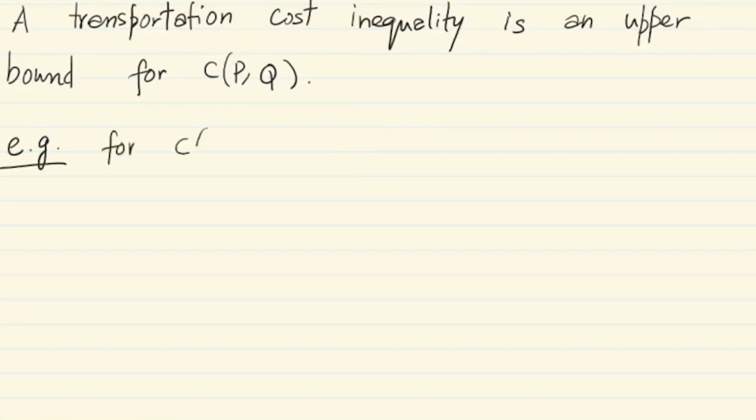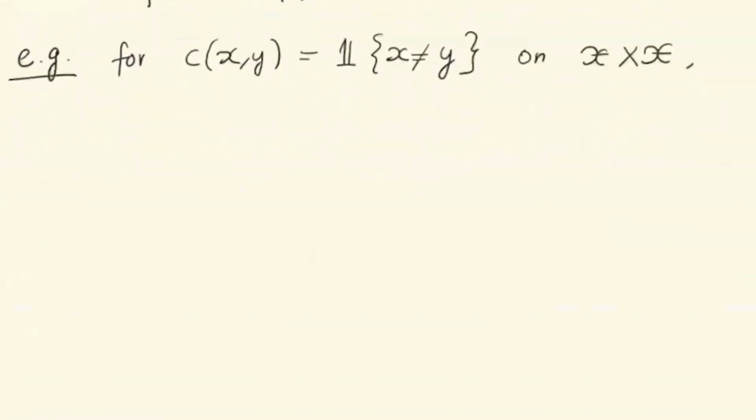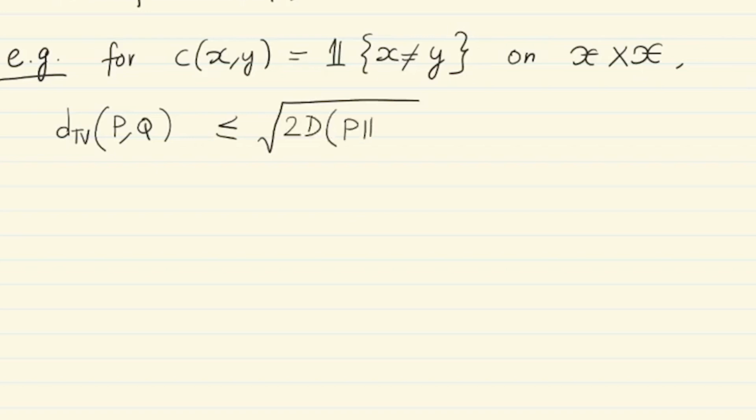For c(x,y), the cost structure given by the Hamming metric or the trivial metric between x and y on X cross X, we already know that the optimal transportation cost with this cost structure is the total variation distance between P and Q, and one upper bound on d_TV is given by Pinsker's inequality, which is the square root of half the KL divergence between P and Q. This is called in information theory Pinsker's inequality, which we will see and prove in the next lecture.